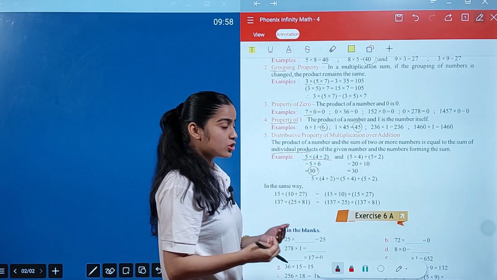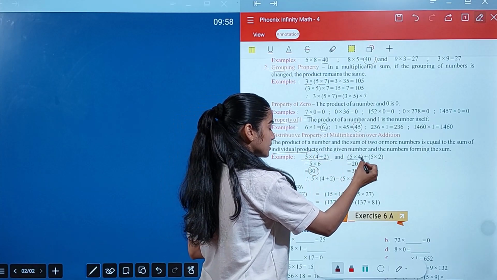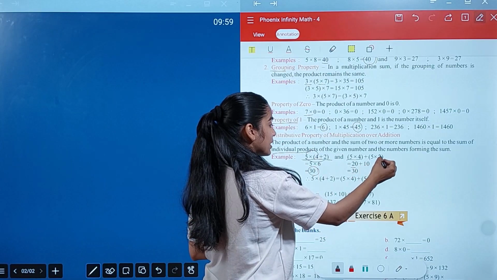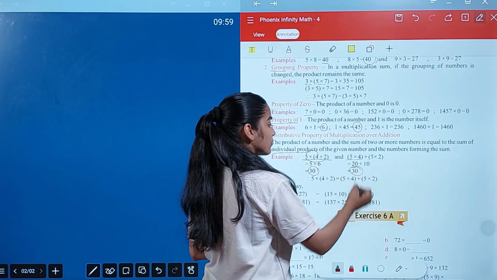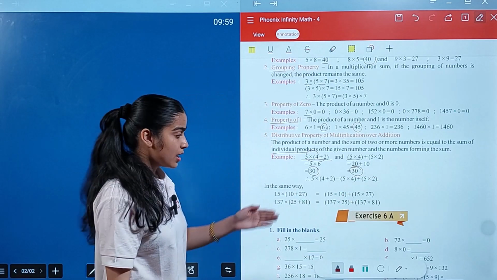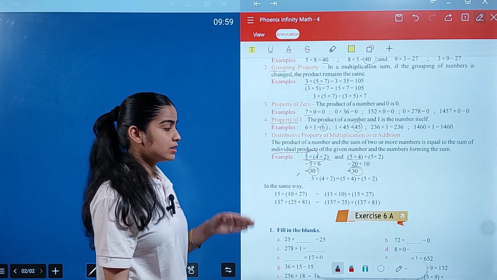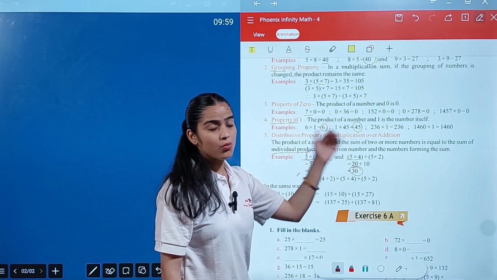But if you change it, first you multiply 5 with 4, which is 20, and then you multiply 5 by 2, which is 10, and then you add these two numbers together. The product remains the same here as well. In this case you also get 30, and in this case you also get 30. So this is called the distributive property of multiplication over addition.